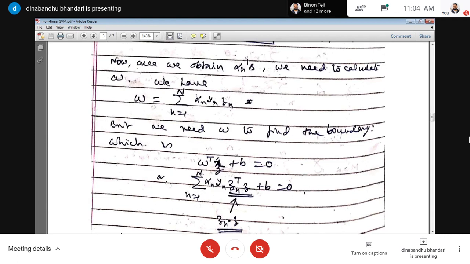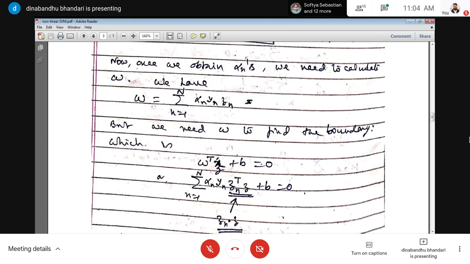It becomes the sum over n equal to 1 to capital N of alpha n, yn, Zn transpose Z, plus B. Now, alpha n we have already calculated using the QP solver. Yn is the label of the nth point, for all the existing training samples. Zn is the training sample points, or maybe the support vectors, and Z is the unknown point.